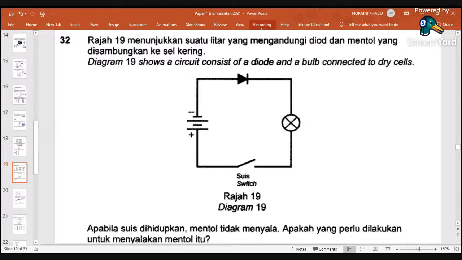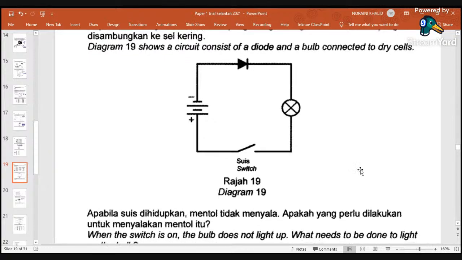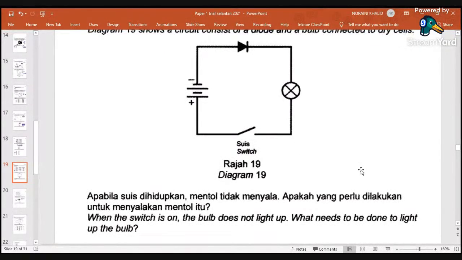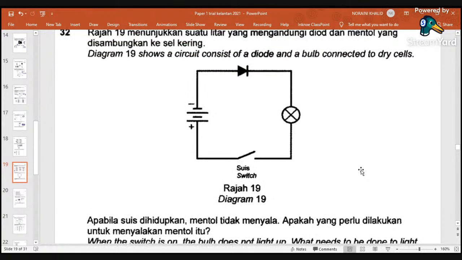Okay, this is the diode. When the switch is on, the bulb does not light up. What needs to be done to light up the bulb? Check here, switch closed. Check the current flow. Current will flow from positive to negative. As you can see, this is a diode.